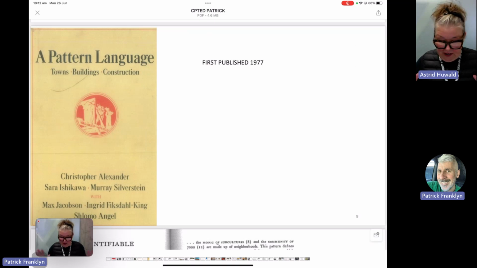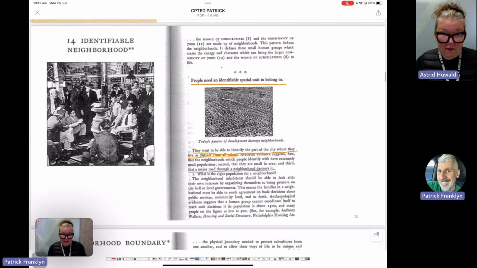They looked at buildings and spaces through history and asked, what characteristics do really successful spaces have? And just like Newman, next slide, they said that people feel a connection to an identifiable neighbourhood.